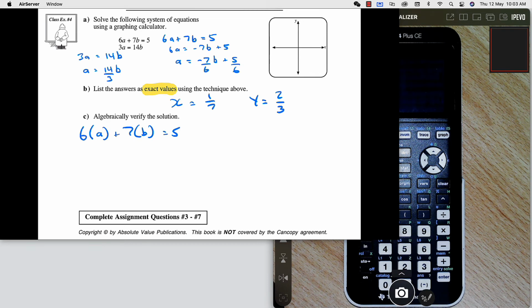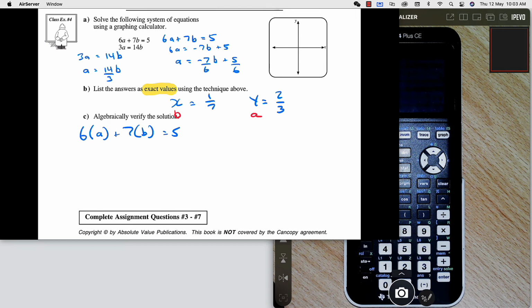Now I've written down there actually X and Y because that's what was on the calculator. So we sort of want to go back to our original equations and just verify that we have the right values. So A is going to be our y, and b is going to be our x.